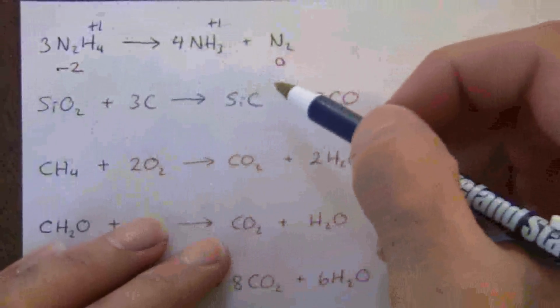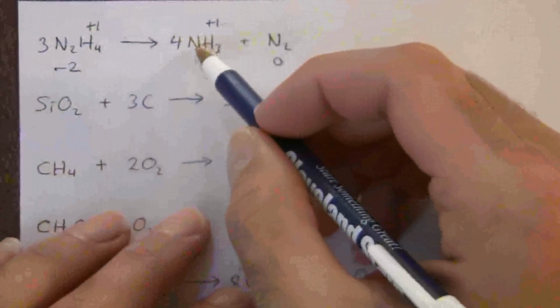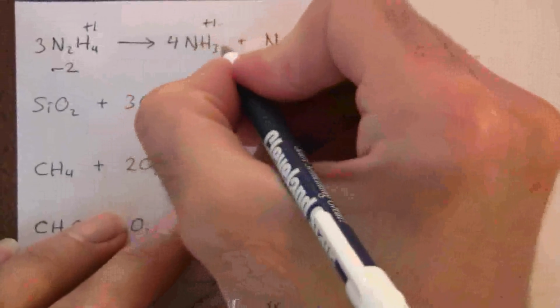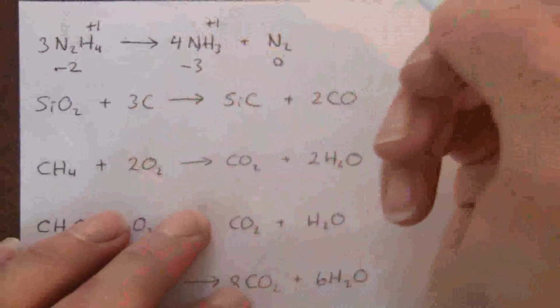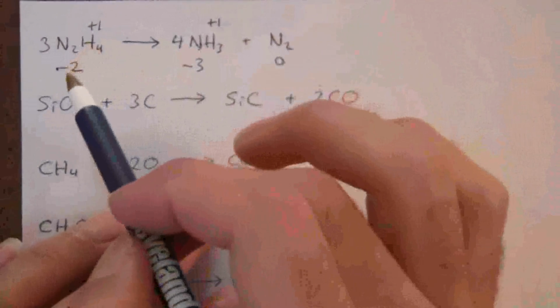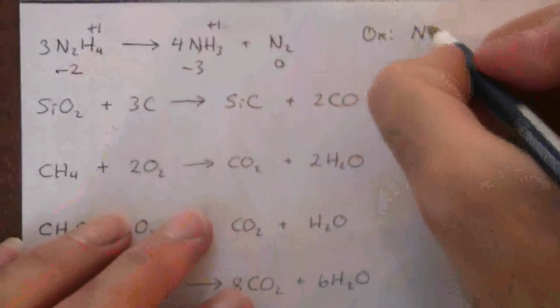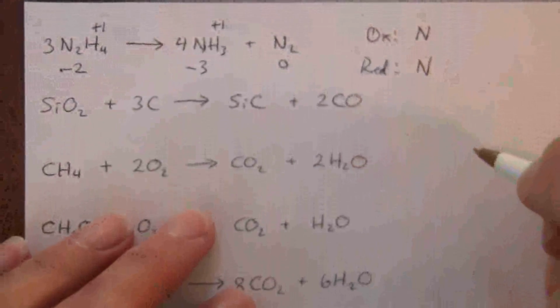So that would be oxidation, but where's the reduction? Well, there's nitrogen over here as well, and you see that this one, +1 times 3 is +3. Here it's a -3. So in this case, it's the nitrogen that is oxidized and the nitrogen that is reduced.